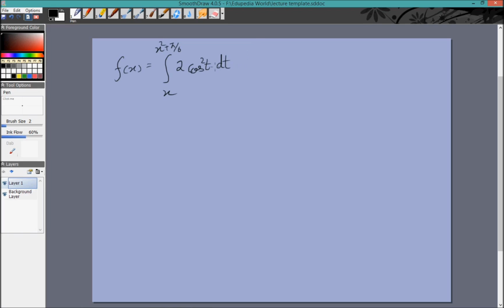So 2 cos squared t can be written as 1 plus cos 2t. Right? 1 will just become this minus this.